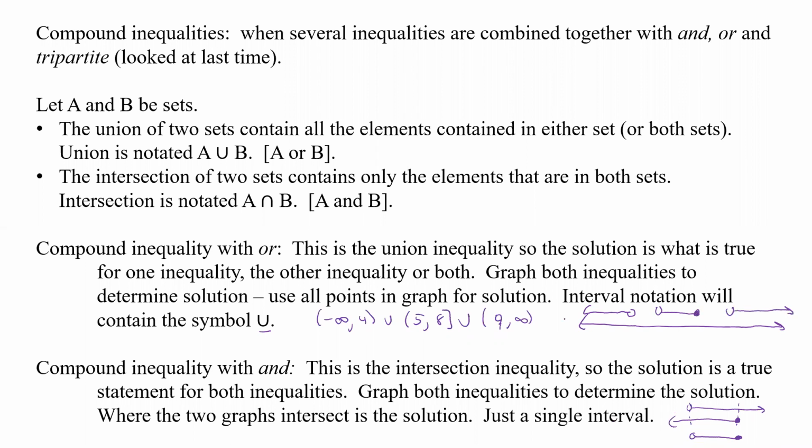You might have had something like that to represent this one here, where this is the 4, this is the 5, this is the 8, and this is our 9. Again, not drawn to scale, just a rough estimation. So that's how the graphs and the interval notations are going to look different.